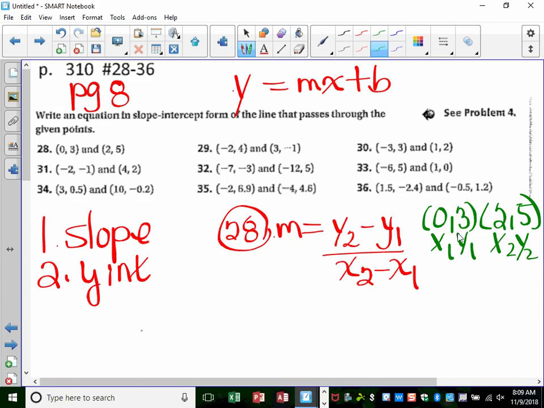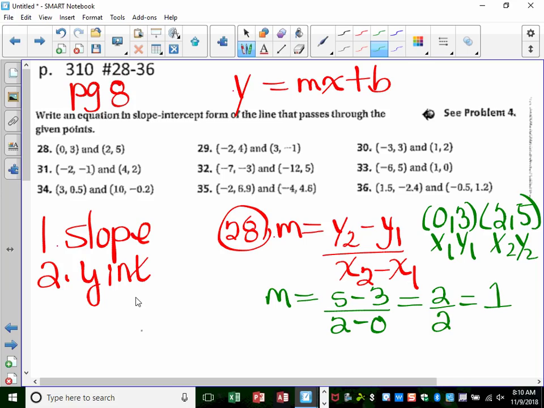The first set of points are your 1s, second set of points are your 2s. Now I'm just going to place them in the formula. So m equals 5 minus 3 over 2 minus 0. That gives me 2 over 2, which equals 1. So I know my slope is 1.